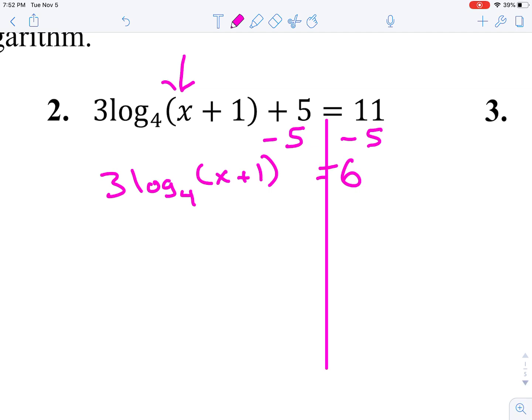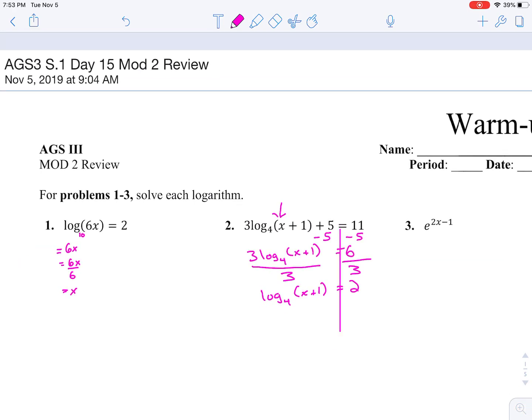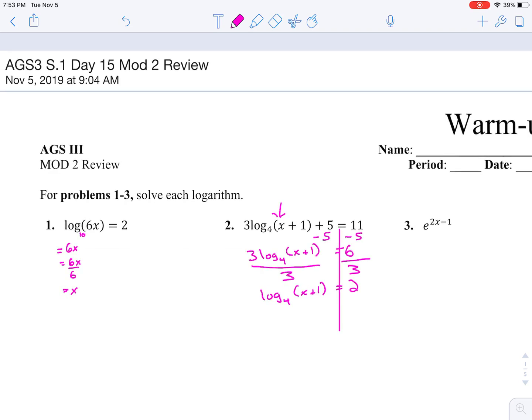And then I think, oh, okay, well, I'm a little bit closer to x. What else can I do? I can divide both sides by 3. And that's going to give me, okay, now I have it down to something that looks a lot like number 1. And I'm going to treat it the exact same way.